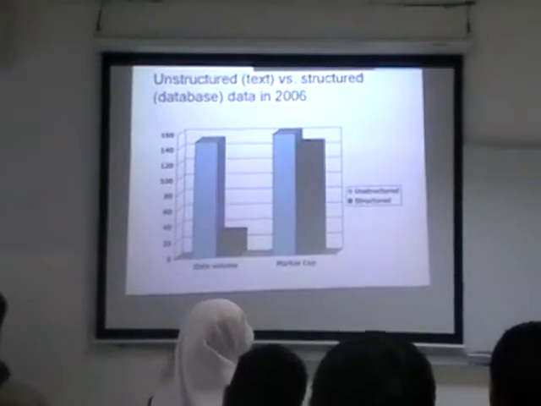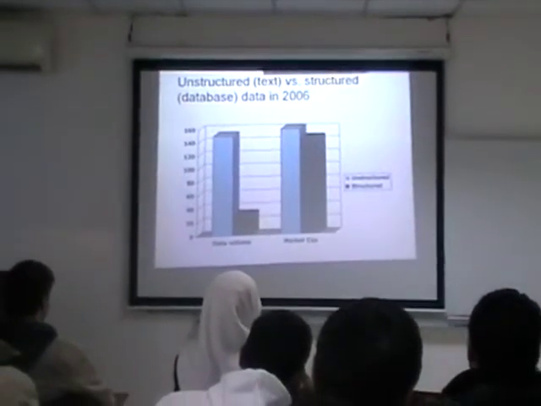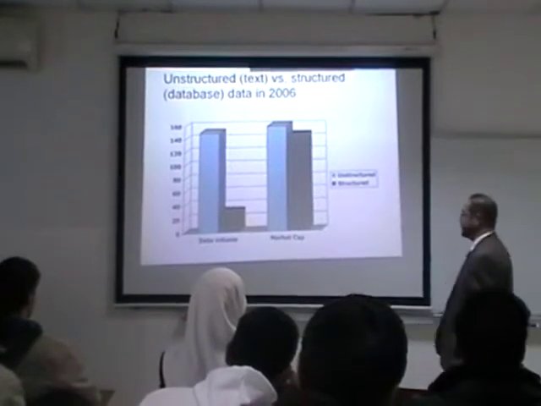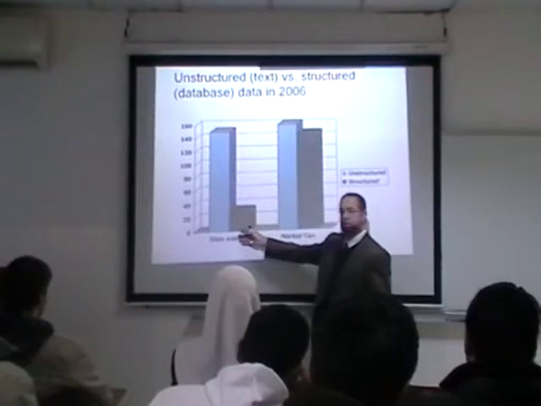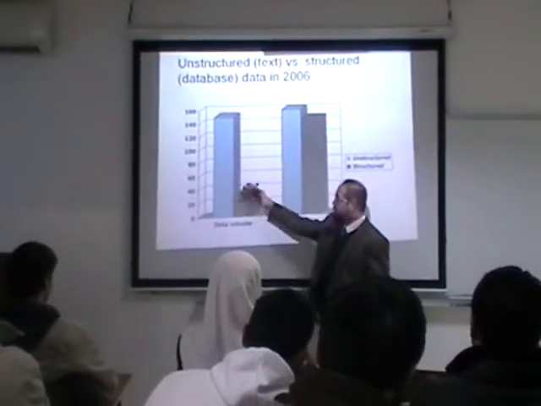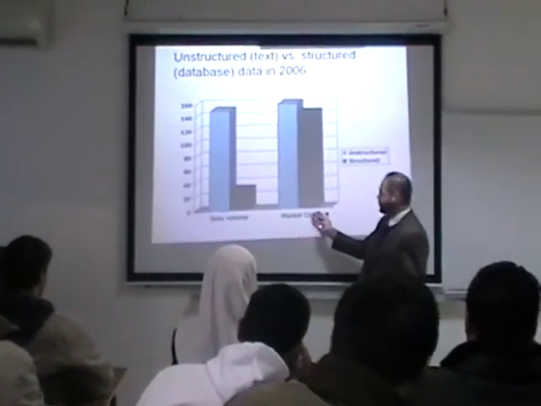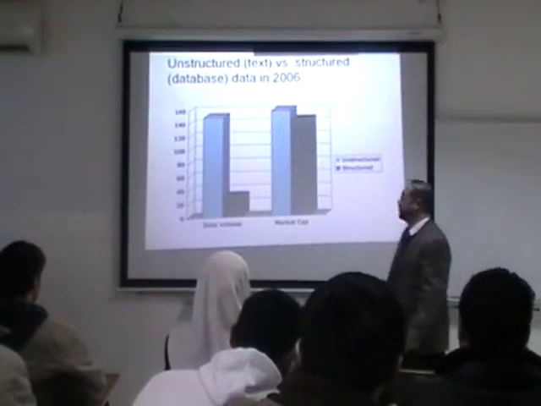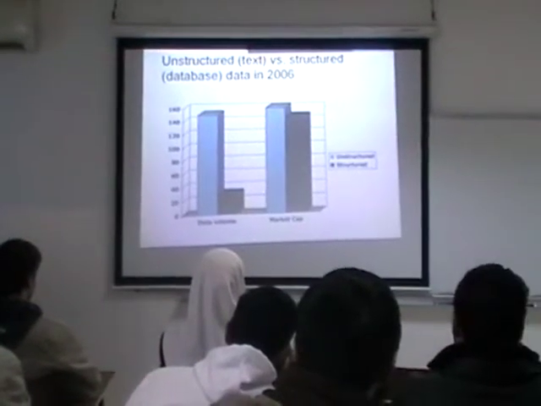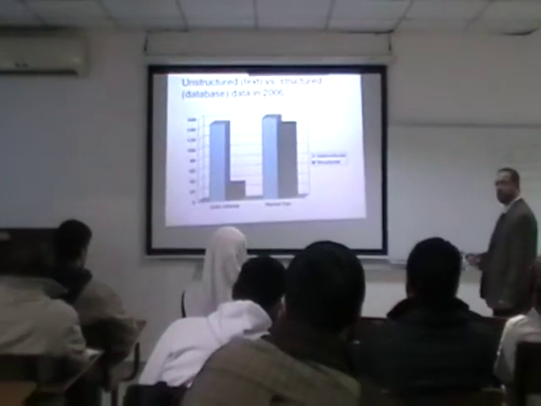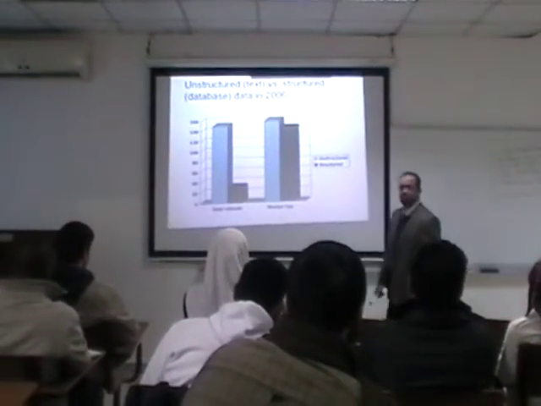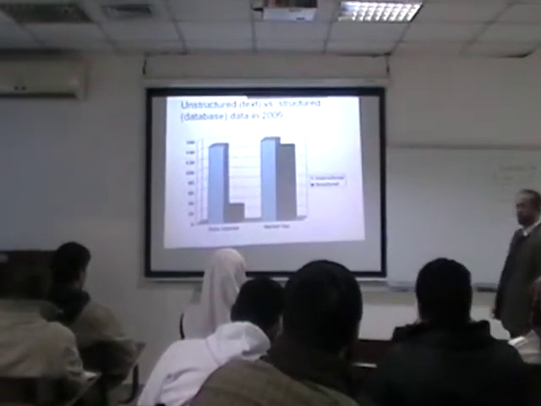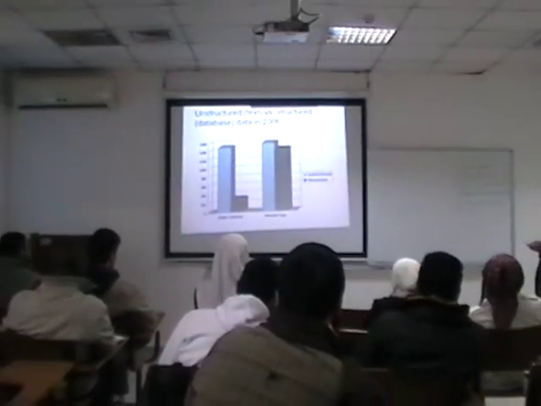Now in 2006, after 10 years, the situation is different. Both grew in size, but the money that's spent on systems that do document retrieval and information retrieval in 2006 is more than what was spent on retrieving from relational databases.